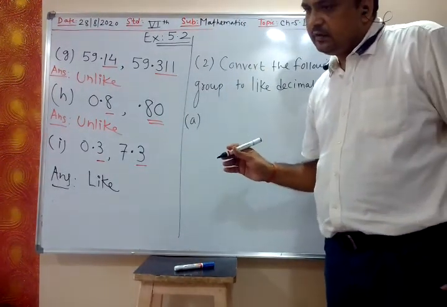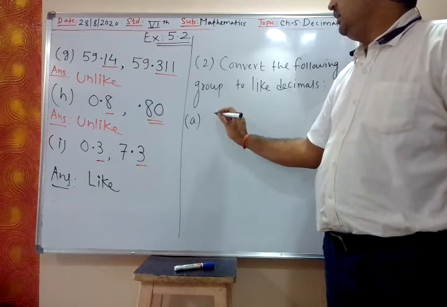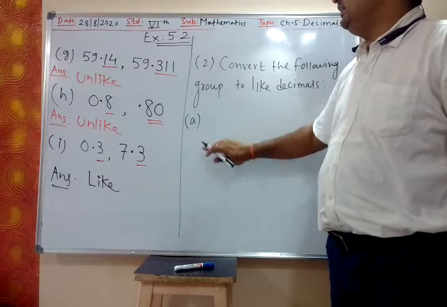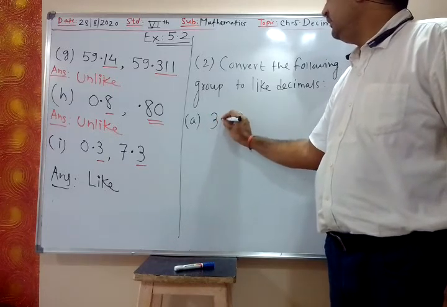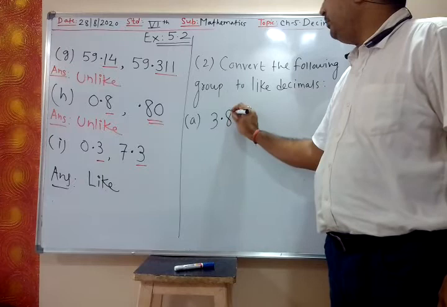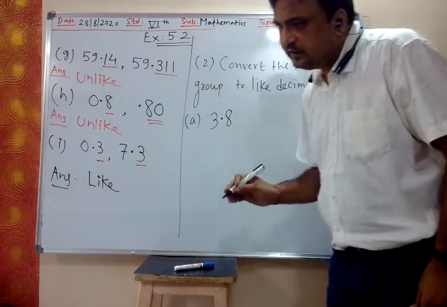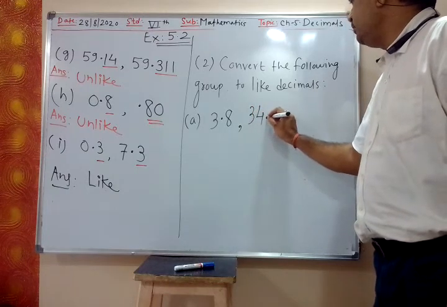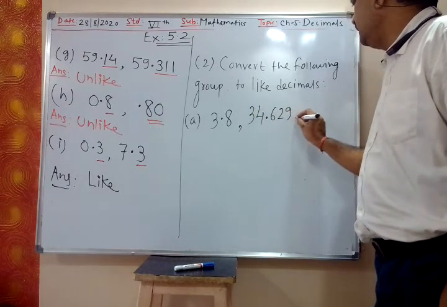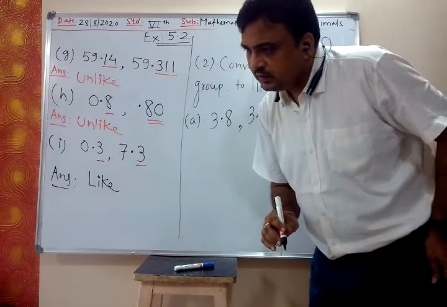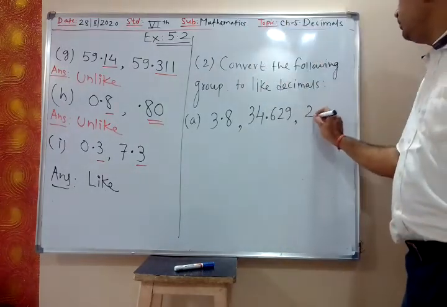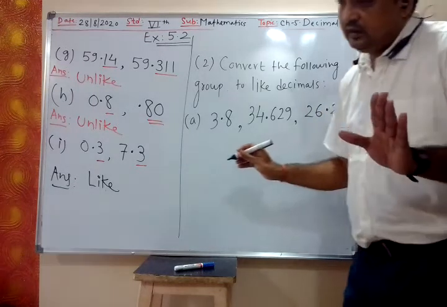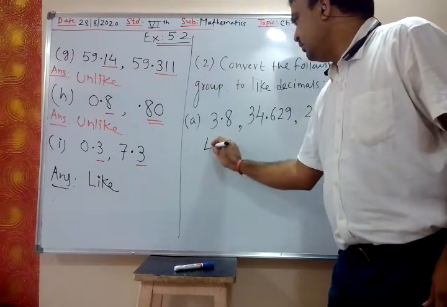3.8. I am doing A. 3.8, then 34.629, 26.23, then 4.06.